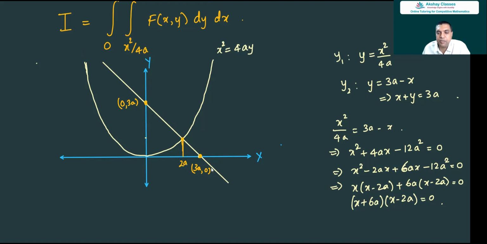This is (2a, 0). This is (3a, 0). So there are 2 points of intersection again: x is equal to 2a and x is equal to minus 6a.